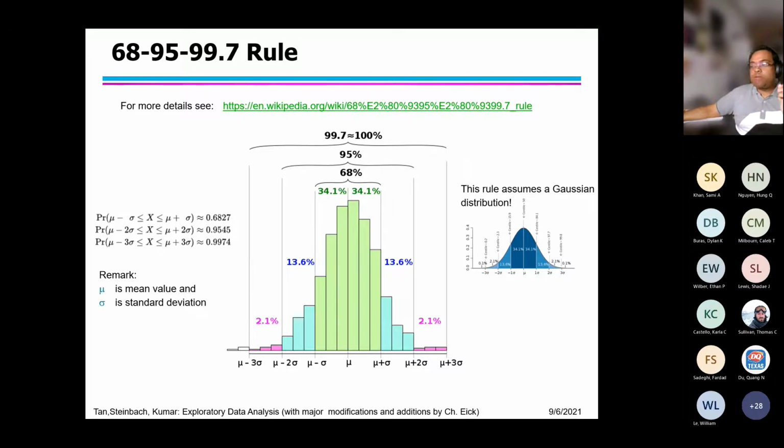So be very careful applying any kind of statistical pre-knowledge to non-Gaussian or non-normal distributions, because that has tripped me up, and it will probably trip you up fairly often as well.